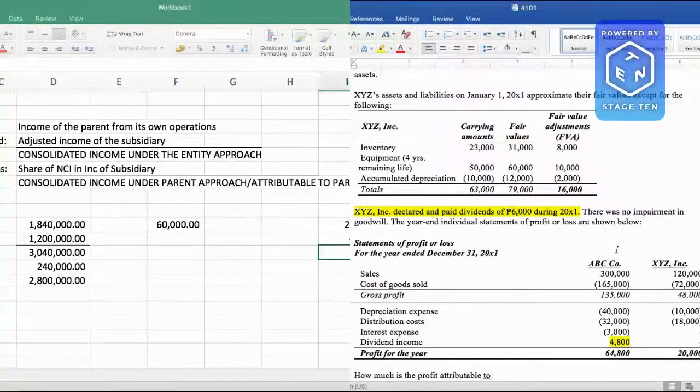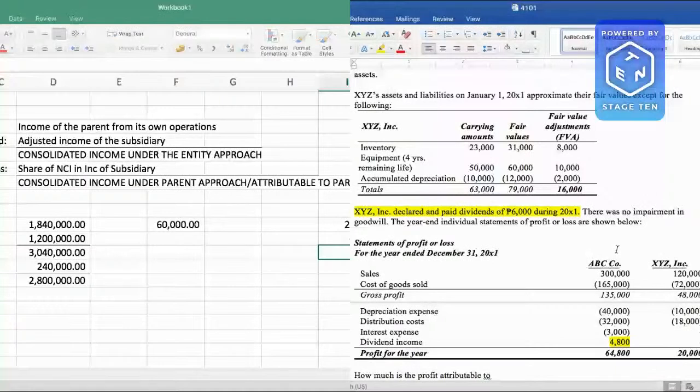And if it believes that the total goods available for sale is understated by 8,000, class, then the cost of goods sold must also be understated as far as the consolidated entity is concerned. By how much? Also by 8,000.